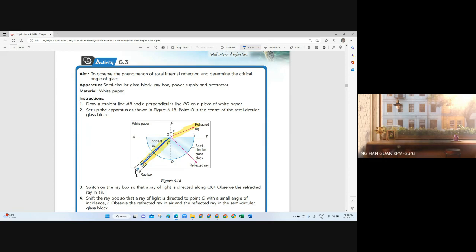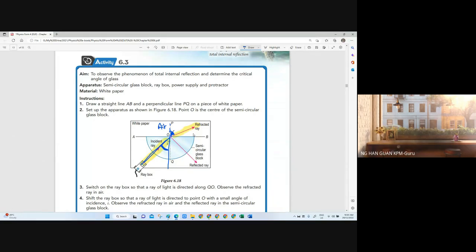So from the normal line here, the angle that we have is the angle in the semicircular glass block, as an incident angle. So that's why this is considered as light traveling from optically denser towards optically less dense, which is now traveling out from the glass block. Here is a medium, right? So from the glass towards the air.